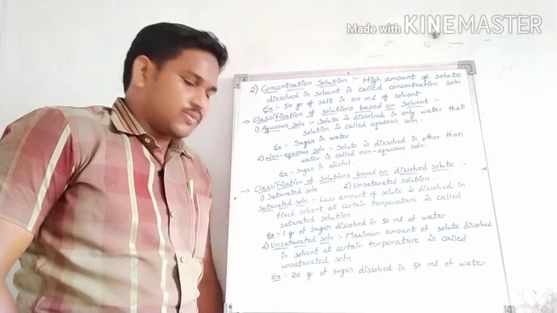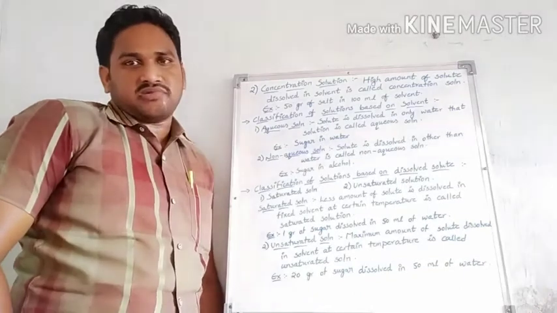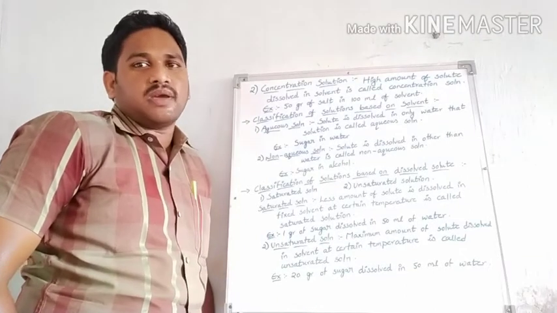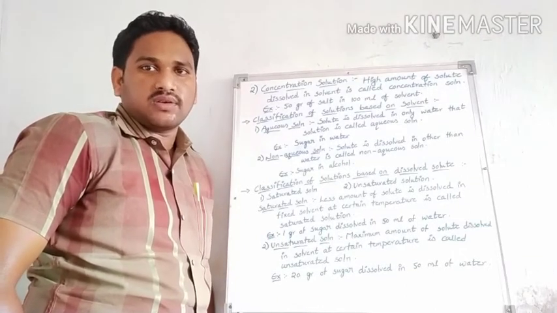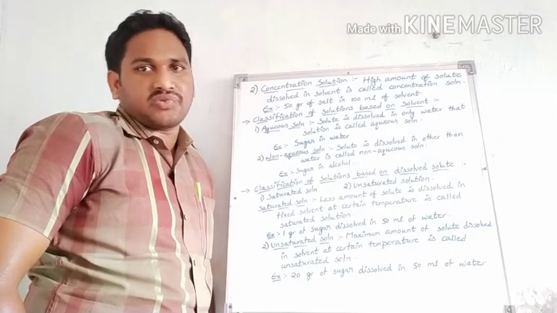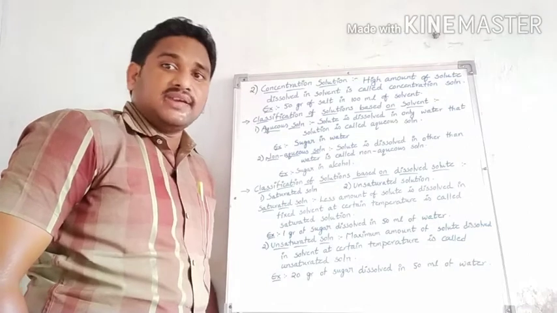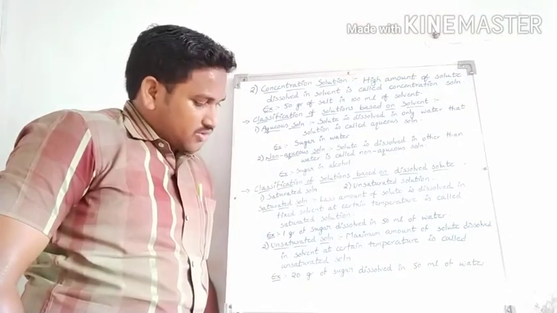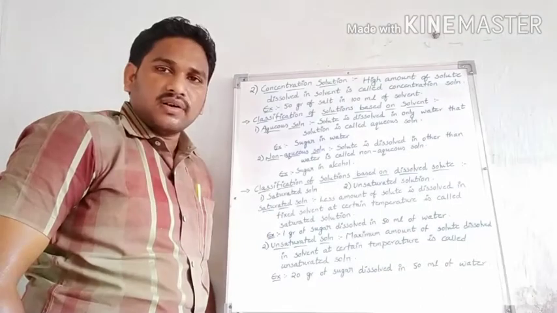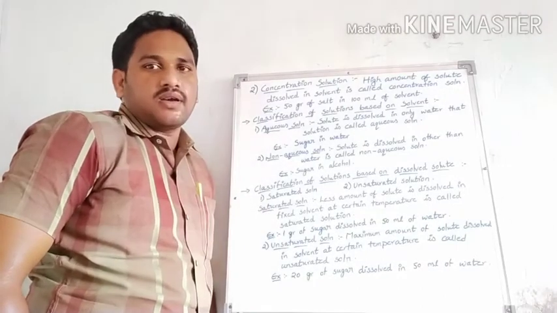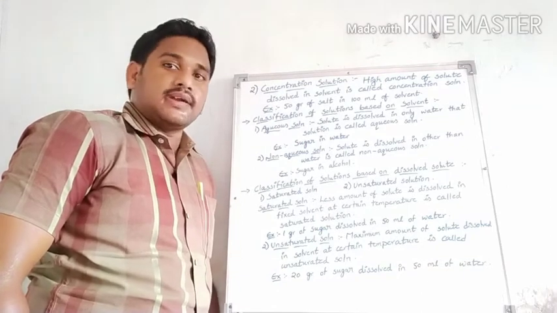Okay, and one more, unsaturated solution. Unsaturated solution means the maximum amount of solute is dissolved in 100 ml of solvent at any temperature you place. Like 20 grams of sugar dissolved in 50 ml of water at any temperature.